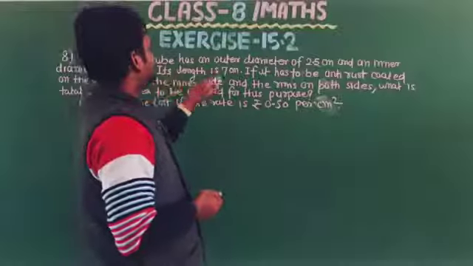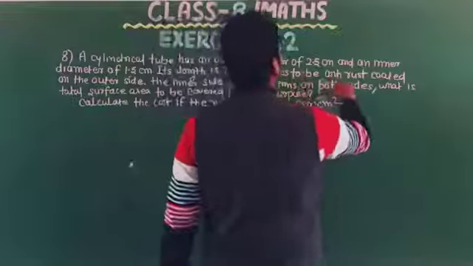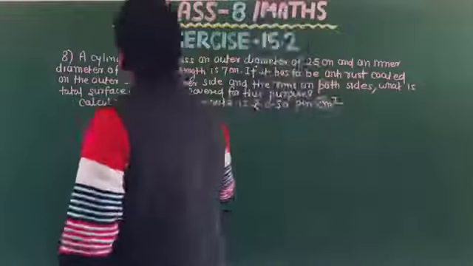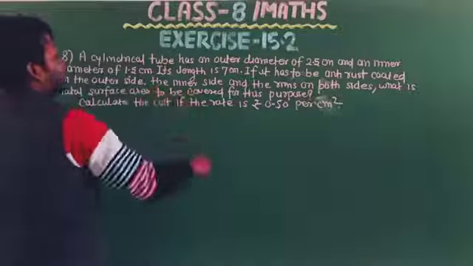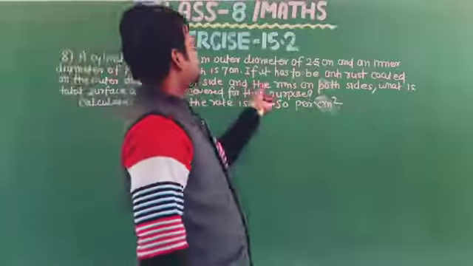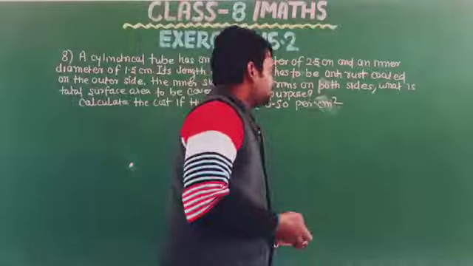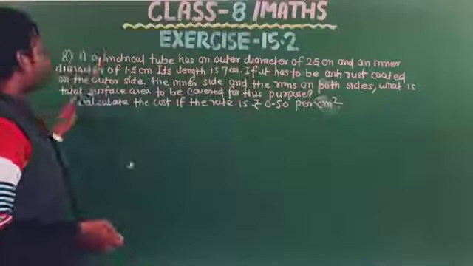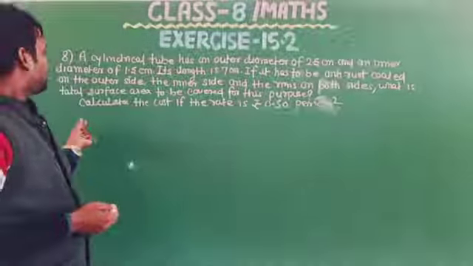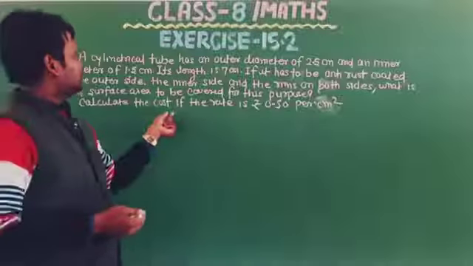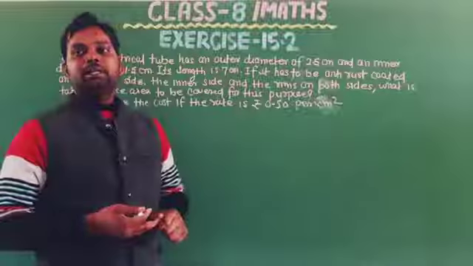If the length is 7 cm, and it has to be anti-rust coated on the outer side, the inner side, and the rim on both sides, what is the total surface area to be covered? For this purpose, calculate the cost if the rate is 0.5 per centimeter square.